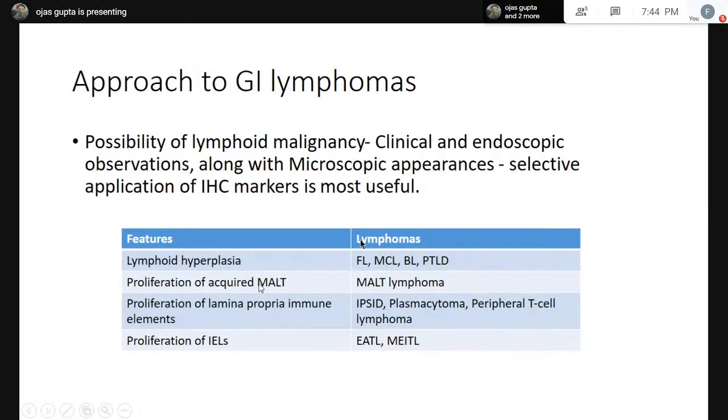If there is proliferation of acquired mucosa-associated lymphoid tissue, there can be MALT lymphoma, mucosa-associated lymphoid tissue lymphoma. If there is proliferation of lamina propria immune elements, there can be EBV-positive plasmacytoma, peripheral T-cell lymphoma. And if there is proliferation of intraepithelial lymphocytes, then there can be enteropathy-associated T-cell lymphoma or monomorphic epitheliotropic intestinal T-cell lymphoma.